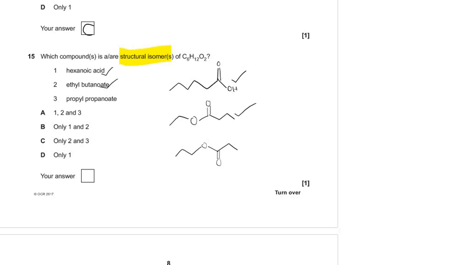And finally, if we look at propyl propanoate, we've got 6 carbons, 2 oxygens, and then 12 hydrogens. So another yes. So therefore, which of these compounds are structural isomers of C6H12O2? The answer is A. It is all of them.